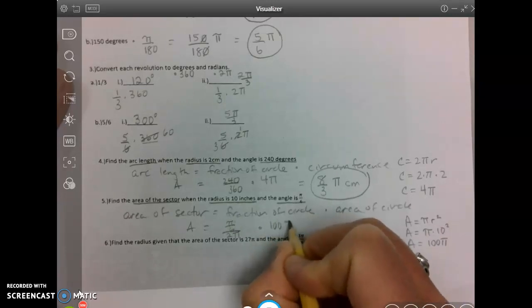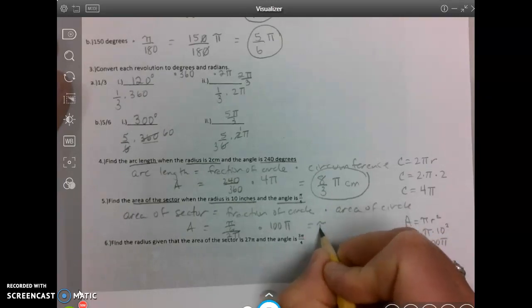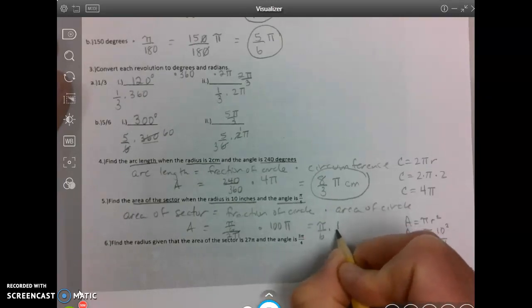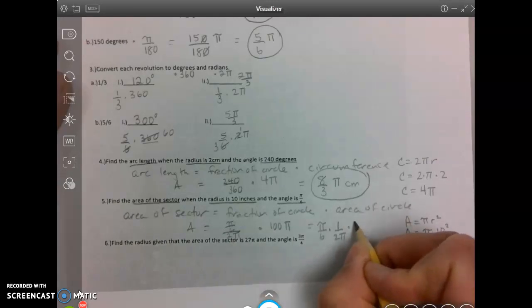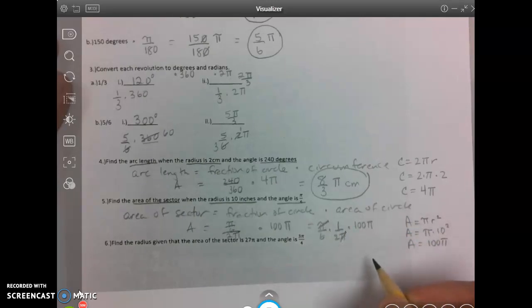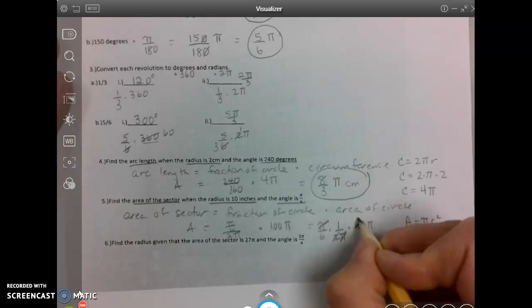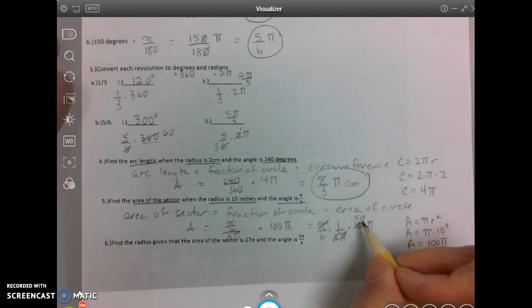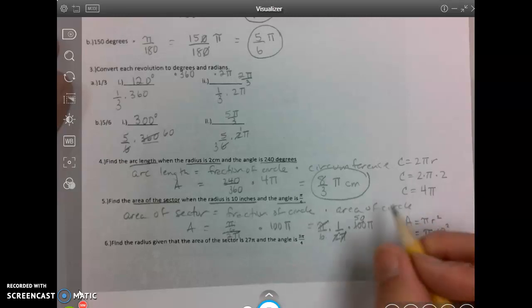so times 100 pi. So I get pi over 6 times 1 over 2 pi, because remember, dividing by 2 pi is the same as multiplying by the reciprocal, times 100 pi. These pi's cancel, and I know that 100 divided by 2 is 50, and then both 50 and 6 can be divisible, or I can put it in the calculator.